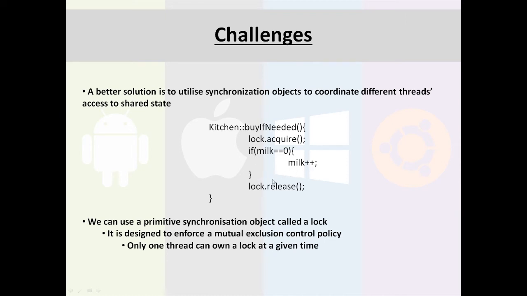And then once that's finished, because I've completed the critical region that I wanted within the lock, I can then release my lock, and some other thread can have access to it if they need. So that's the idea of locks, basically controlling access to a region of code.